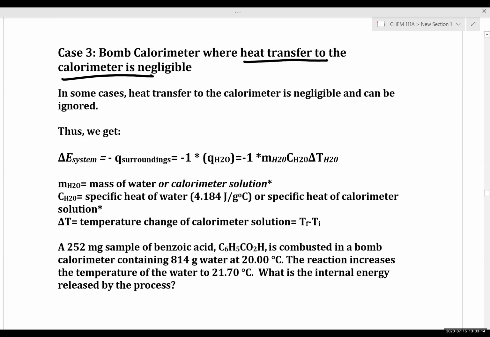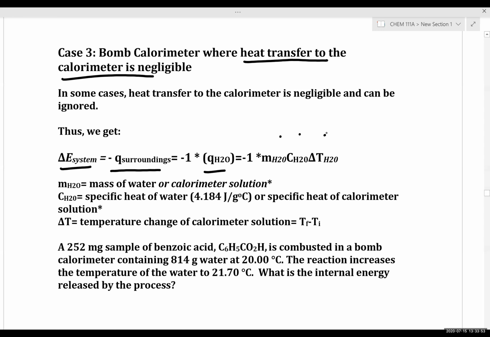If heat transfer to the calorimeter is negligible and can be ignored, the calorimeter term disappears from our equation, and the change in internal energy of our system is equal to the heat of our surroundings times -1, which, if our surroundings are a solution of water, this simplifies to -1 times the heat absorbed or released by our water solution, which in turn is just the mass times the specific heat times the change in temperature.